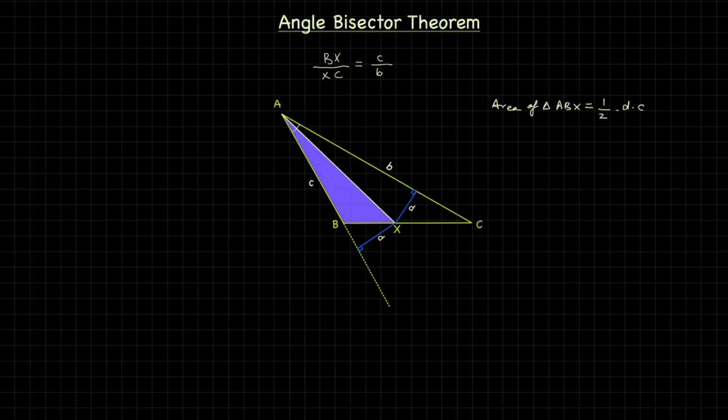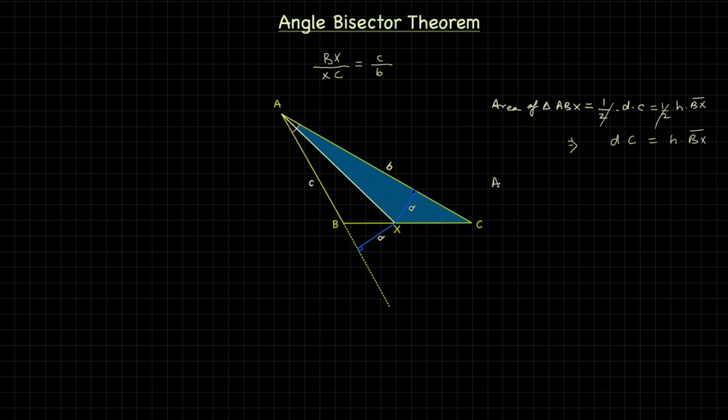But the area of the triangle can also be calculated using BX as the base. I've drawn the height from A to segment BC and designated it as H. The area of the triangle can also be written as half times H times length of BX. In this case, BX is used as the base of the triangle and H is the height of the triangle. So cancelling out the common terms from this equation, we get D times C is H times BX.